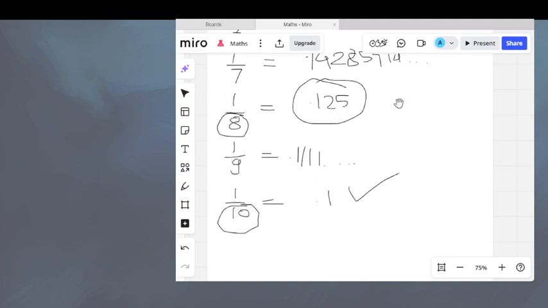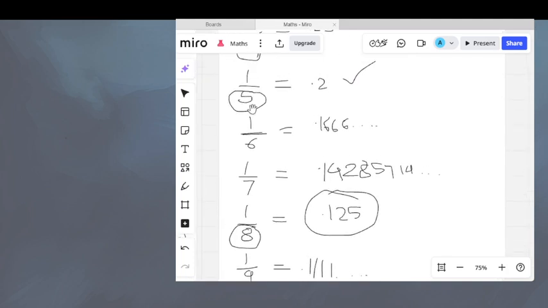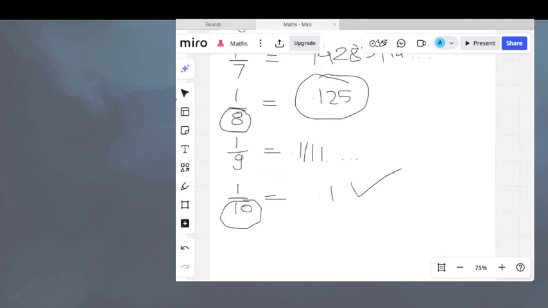Or if we have 5 in the denominator or any combination of 2 and 5. So here we have 10, that means 2 multiplied by 5.